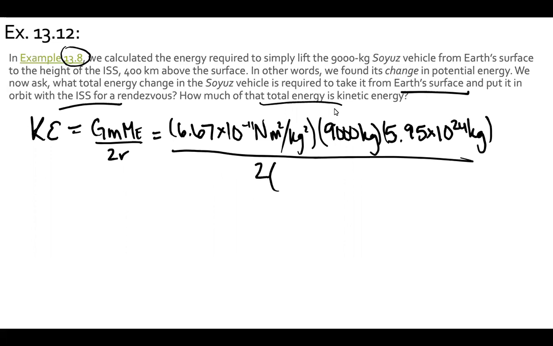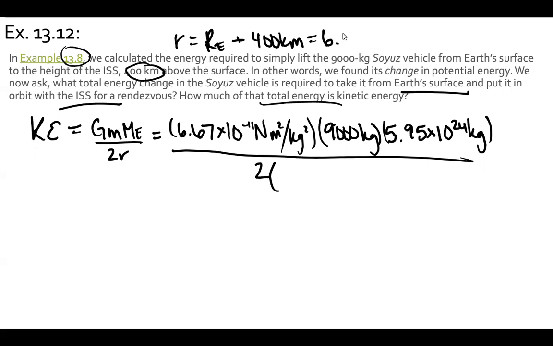Now our radius again is going to be equal to the radius of Earth plus this height here, that 400 kilometers. And we have done this multiple times. We just did it again.